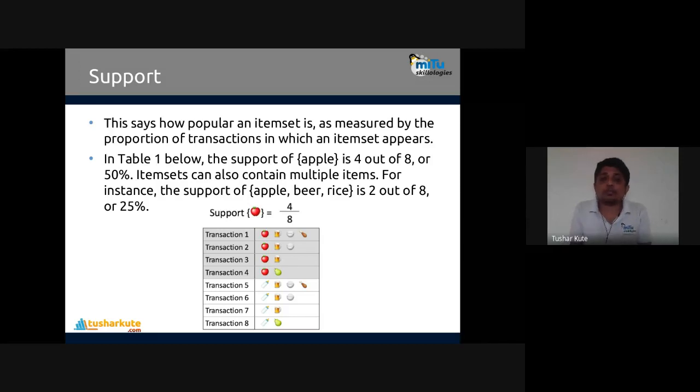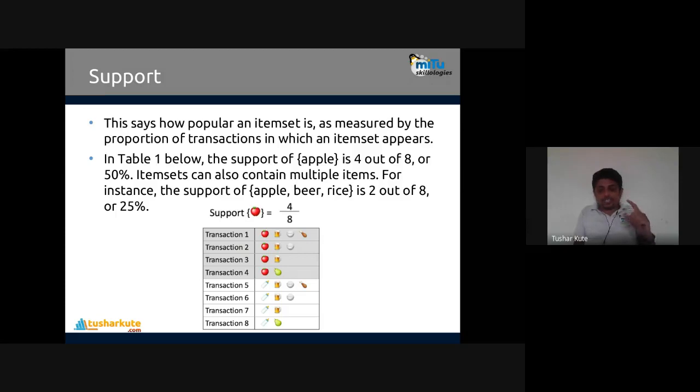And I can have a support for a set of items also. Let's see the support of apple, beer, and rice. 2 out of 8 times they come together, so 25% support for apple, beer, and rice together. Or apple and beer, 3 out of 8.